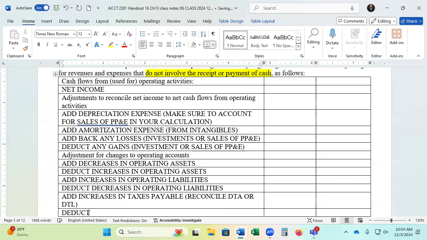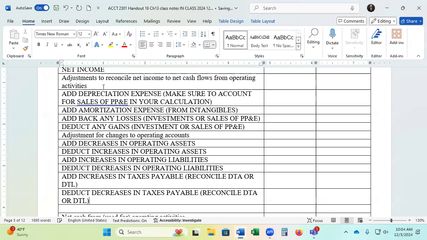And then you would deduct decreases in taxes payable, and you have to remember to reconcile the DTA or DTL. So those are the only differences between the direct and the indirect method, is how you present your operating section of cash flow.